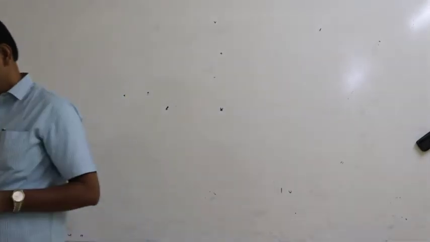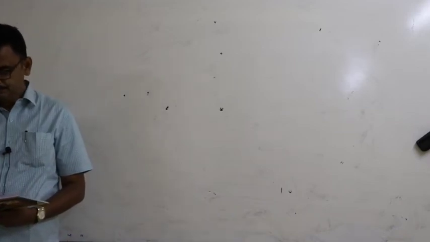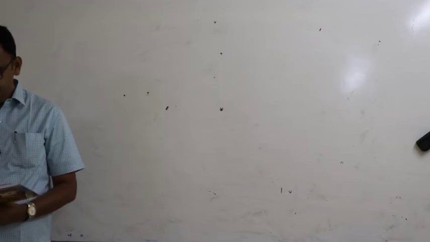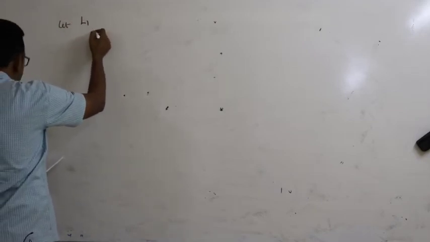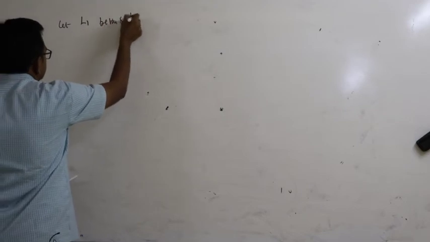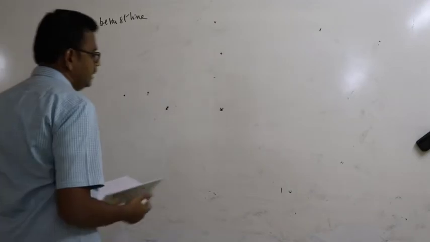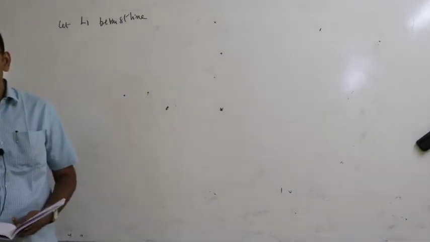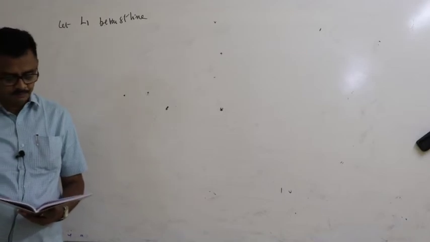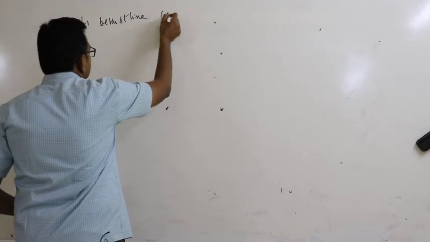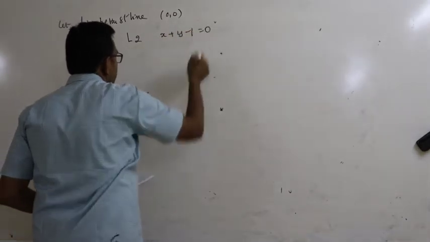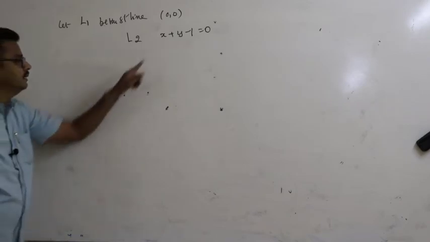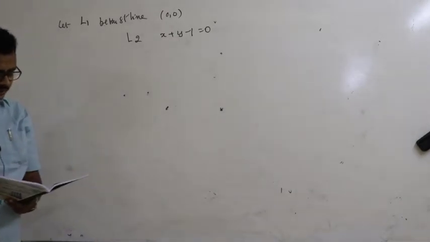Next problem. Let L1 be the straight line passing through origin, and L2 be the straight line x plus y minus 1 equal to 0.